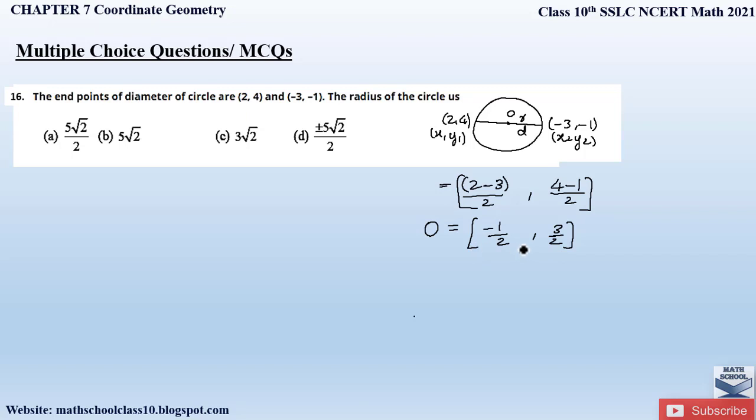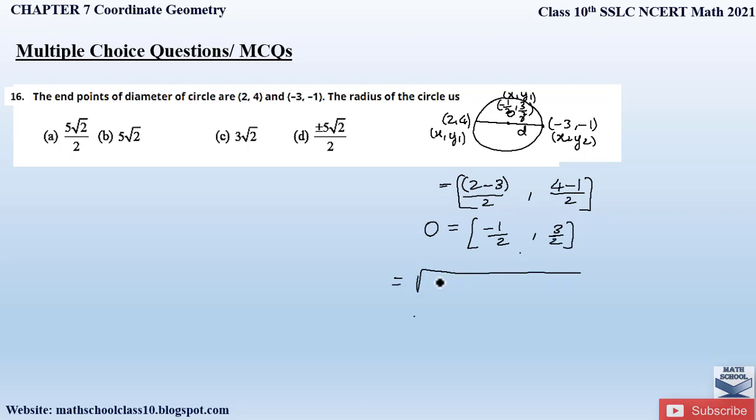So from this center point to the other end, any one of the ends we can take, and we can find out the radius or the length of the radius. Okay, so now the length of the radius can be found out by taking the center point O, which we found out to be minus 1 by 2, 3 by 2. We can take this point as x1, y1, and now minus 3, minus 1 will be x2, y2. So here we will apply the distance formula now.